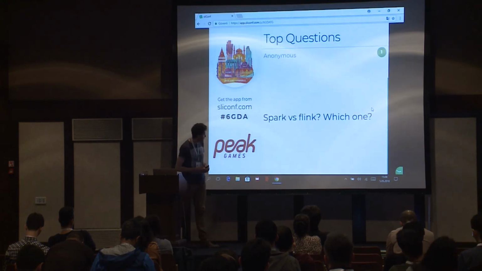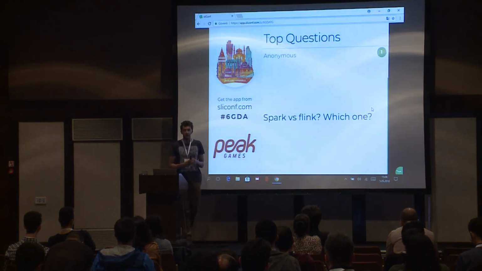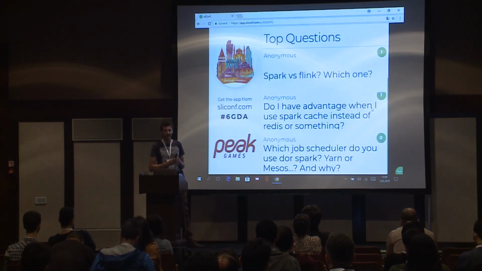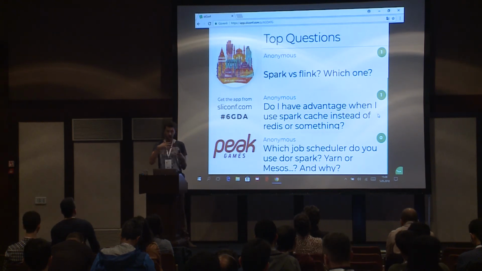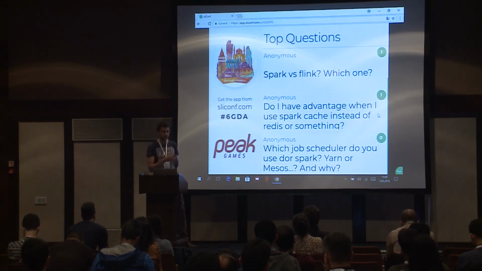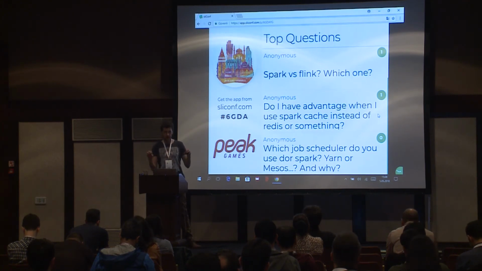Spark versus Flink, which one? What do you want to do? That's the question. From the ground up, Spark was implemented as a batch processing tool. On top of that, it introduced the ability to do semi-streaming, doing micro batches and simulating streaming.